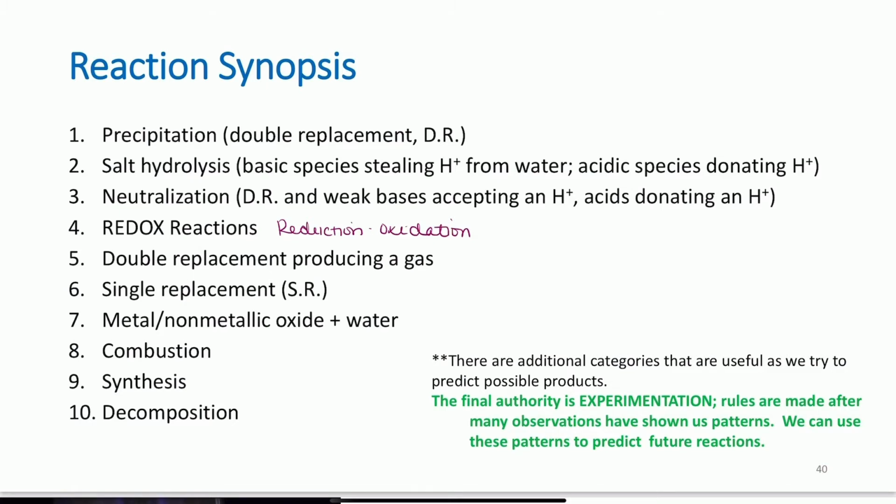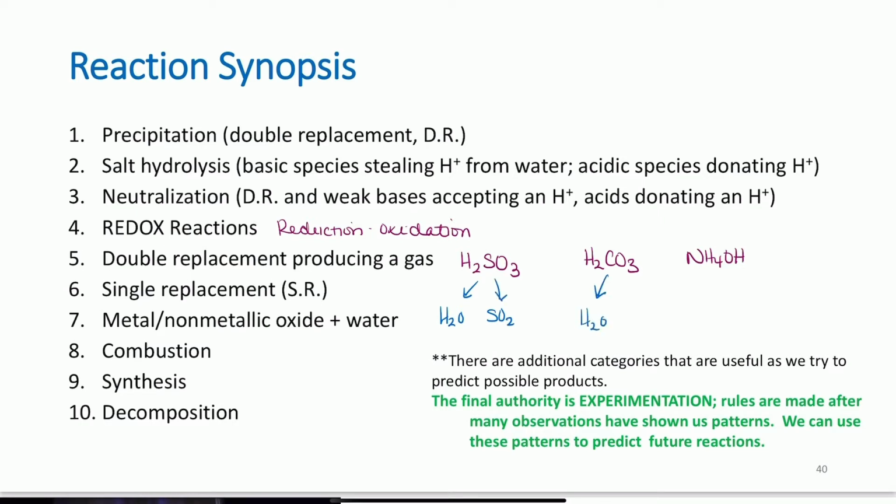Double replacement, which produces a gas. There are three very specific situations where you will produce something, specifically H2SO3, H2CO3, or NH4OH, where these will further react to produce a gas. H2SO3 produces water and SO2.